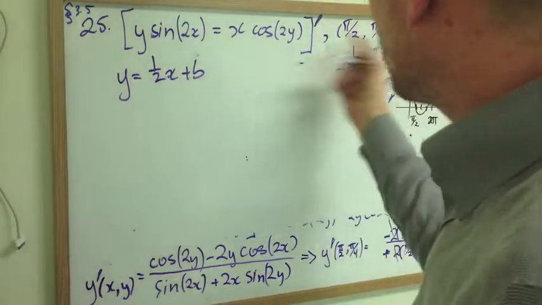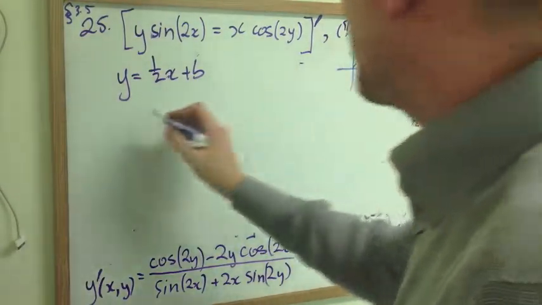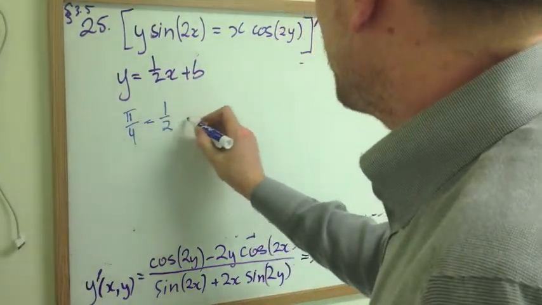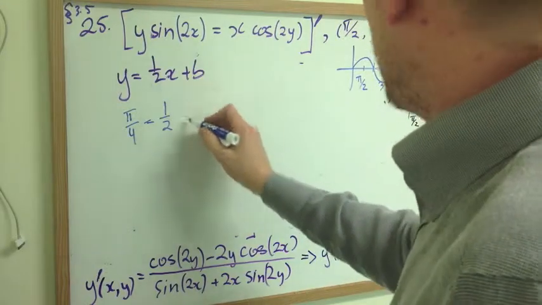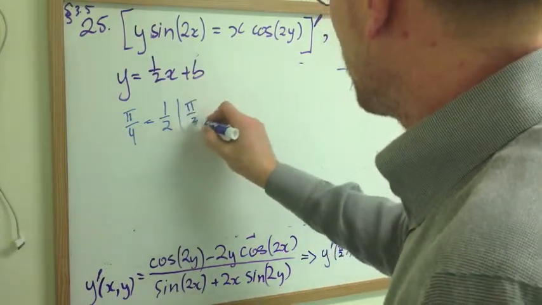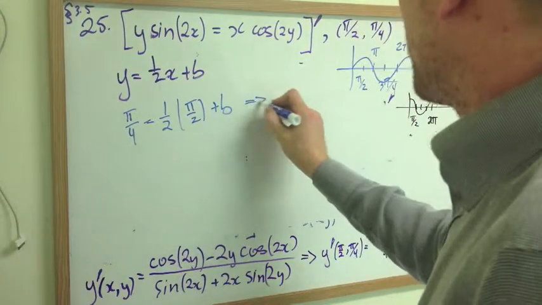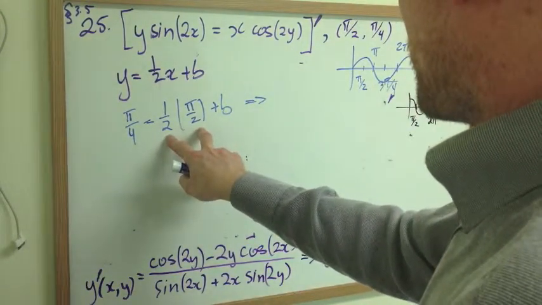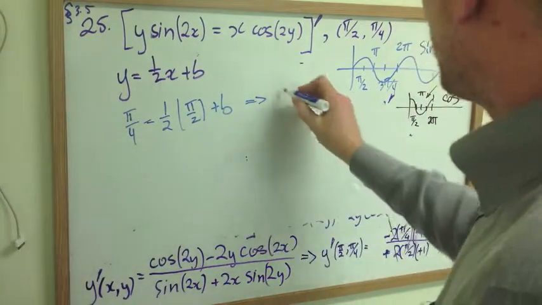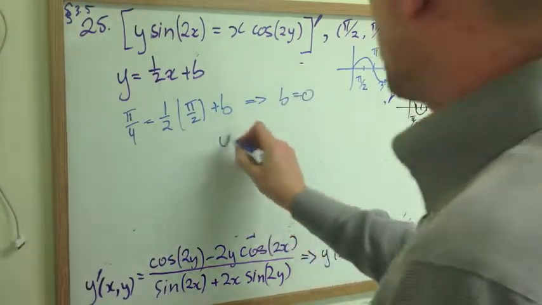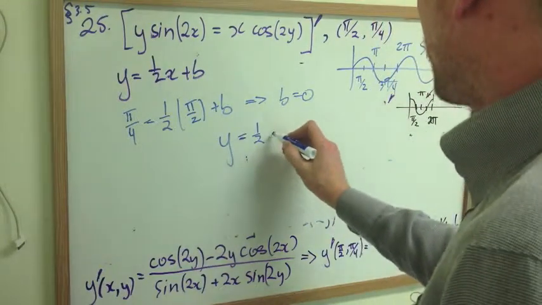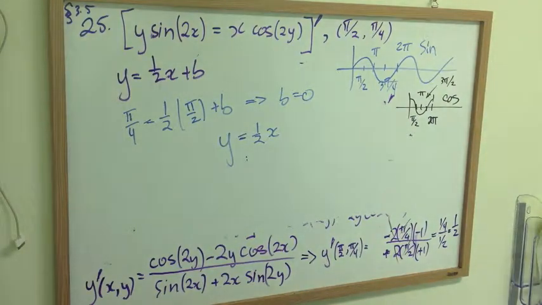I can substitute this value in. That's x, that's y. So I have pi over 4 is equal to 1/2 x, which is pi over 2, plus b. I have pi over 4 on both sides. I can minus pi over 4, so b is equal to 0. So the answer for the tangent line is y equals 1/2 x. All right, hope that helps.